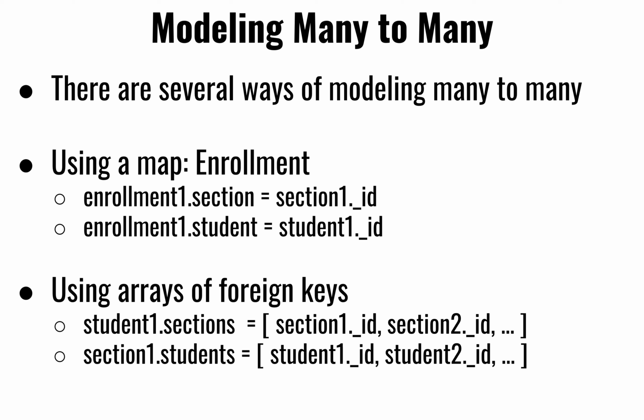From the point of view of this particular student, these are all the sections that this student is enrolled in. Or, looking at it from the section's point of view, the section can have an array of all the primary keys or foreign keys, the IDs of all the students that are enrolled in that section. Make sense? Now, this brings a challenge, though.